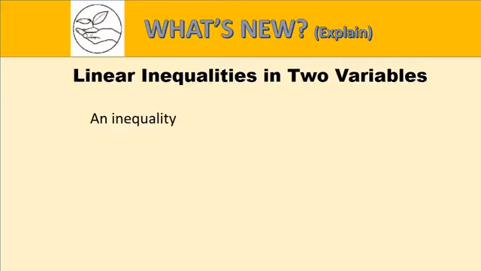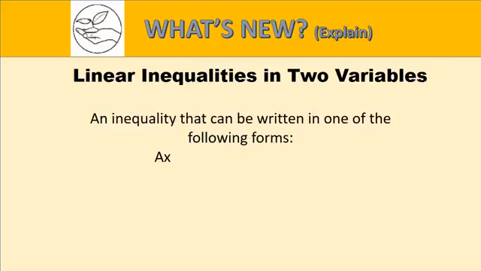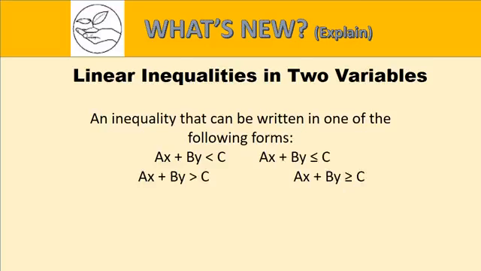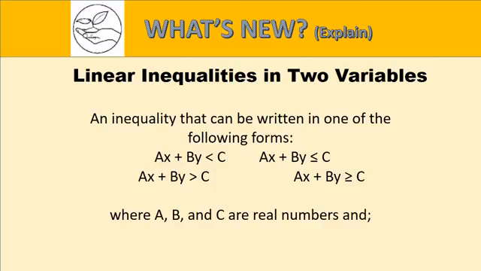Well, linear inequalities in two variables is an inequality that can be written in one of the following forms: ax plus by less than c, or ax plus by less than or equal to c, ax plus by greater than c, or ax plus by greater than or equal to c, where a, b, and c are real numbers and a and b are both not equal to 0.